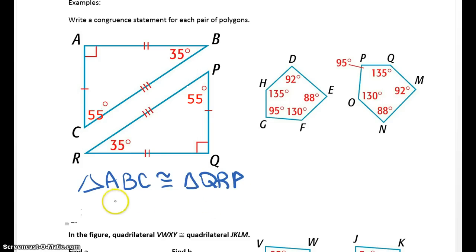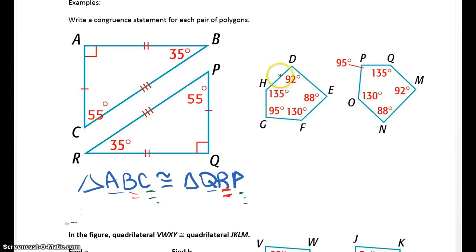You can automatically then assume that angle A and angle Q are the same, that angle B and angle R are congruent, and that angle C and angle P are congruent. Okay, so that is our congruence statement.